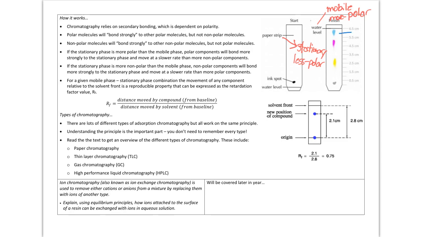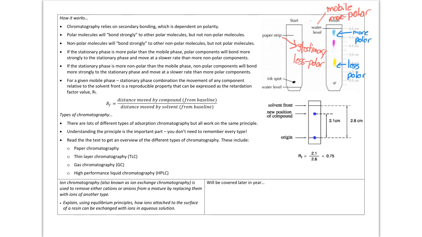That's basically saying we would expect that one there would be more polar. So it interacted less with the non-polar stationary phase and more with the mobile phase and kept moving faster. And the yellow dot down here would be less polar because it interacted more strongly with the stationary phase, therefore it didn't move as quickly with the water.